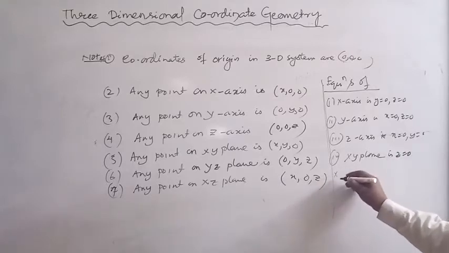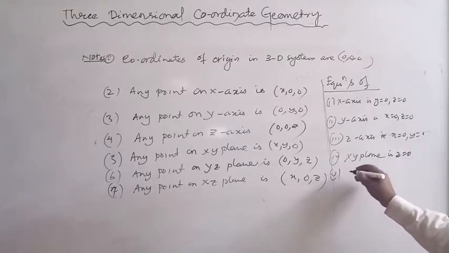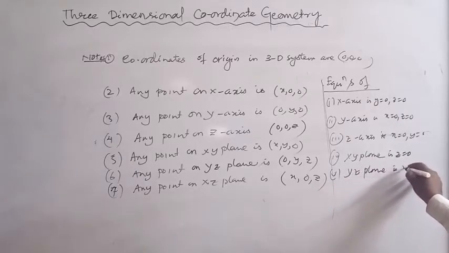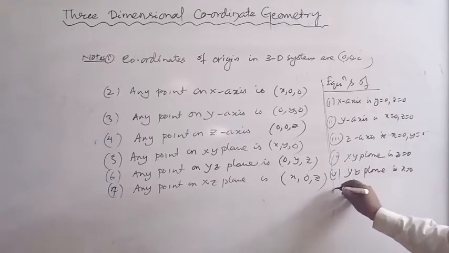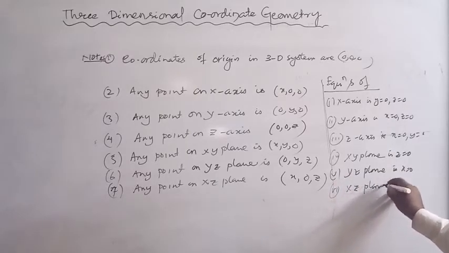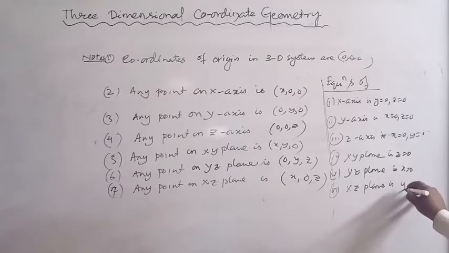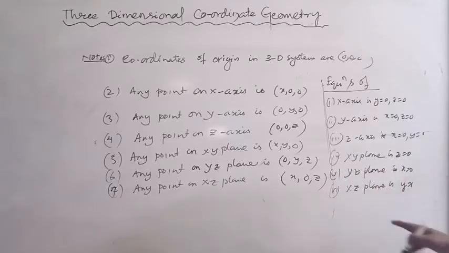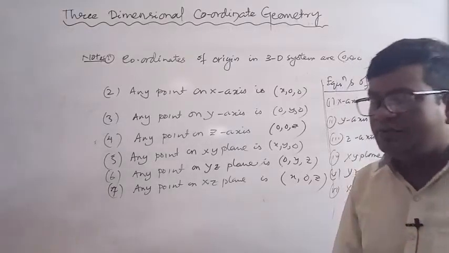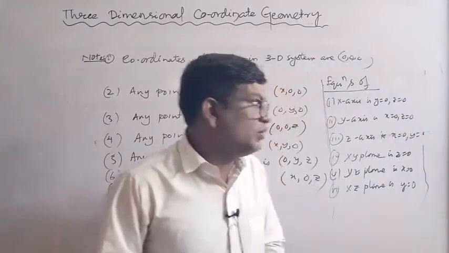Number 5, the equation of the yz plane is x equal to 0. The equation of the xz plane is y equal to 0. Okay, these are the equations of the coordinate axes and coordinate planes.